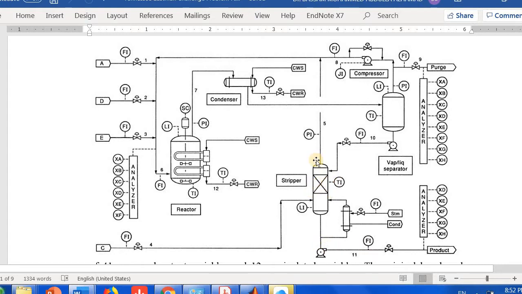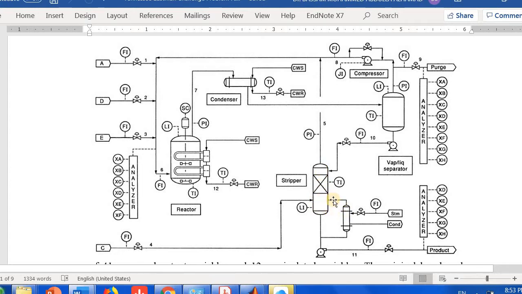Well, I also have to control the temperature here to cause the stripping of the gas which goes back to the system. So if I want to control the temperature here, would I want to control it using the steam that is used as a reboiler for the gases that are reboiled back to the system or not? That is possible.